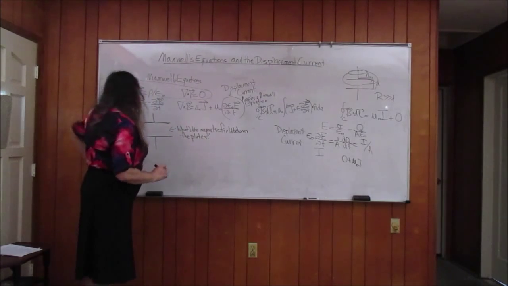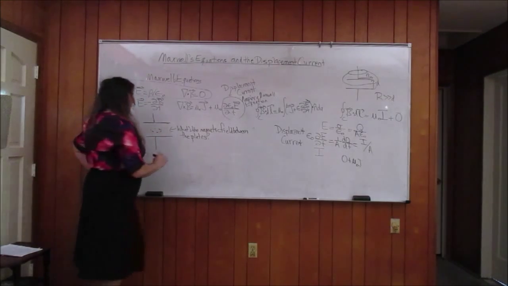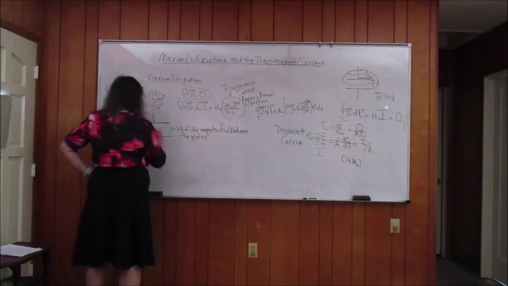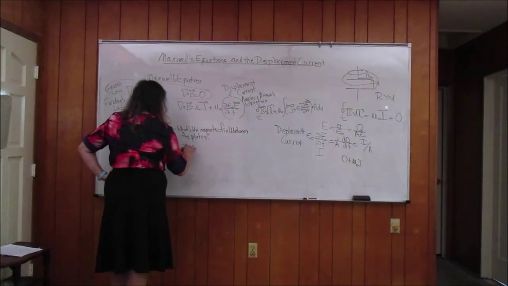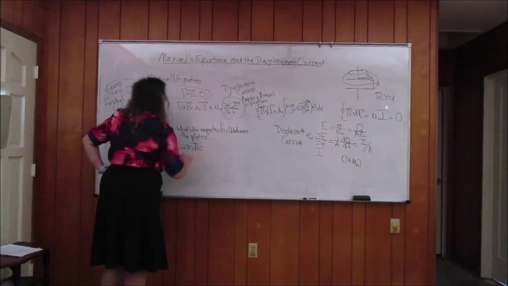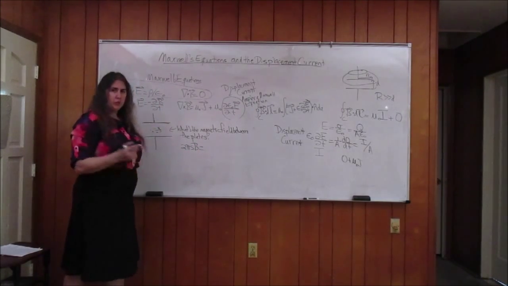So we'll construct our Amperian loop to lie between the plates, and we'll say that it has radius s. So for the left-hand side, we've got 2 pi s times B. Now we have to consider the contribution from the displacement current.